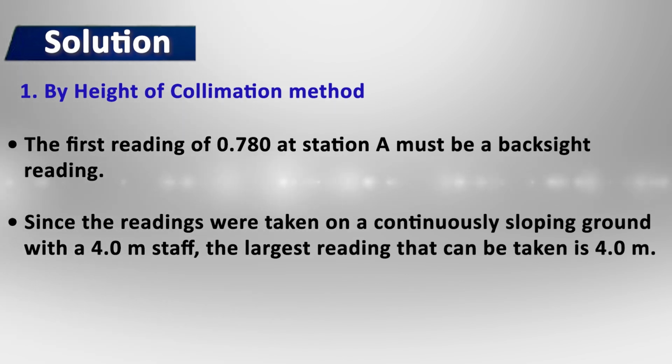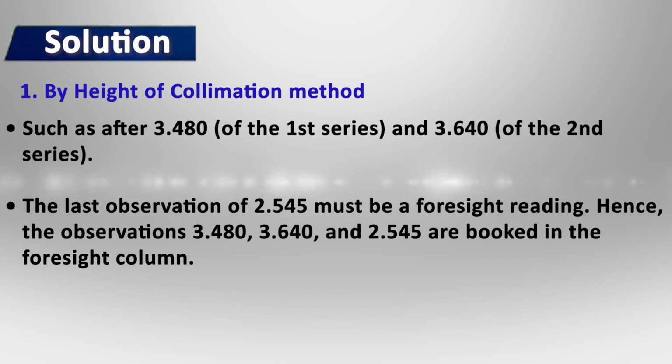Therefore, the position of the level must have been changed after the largest reading of each series, such as after 3.480 of the first series and after 3.640 of the second series.